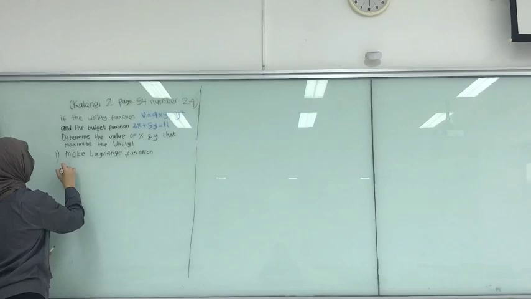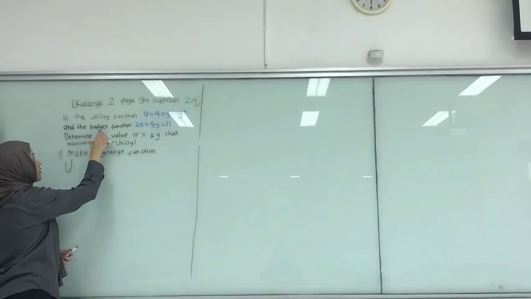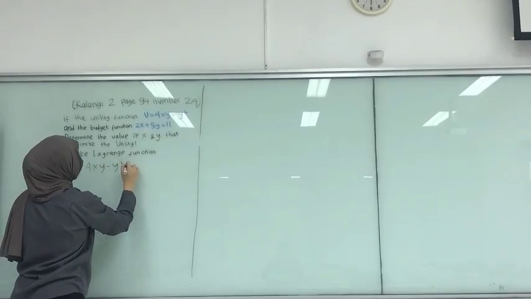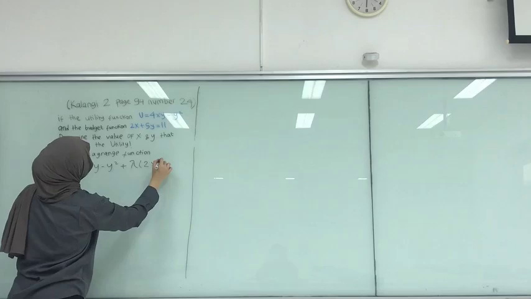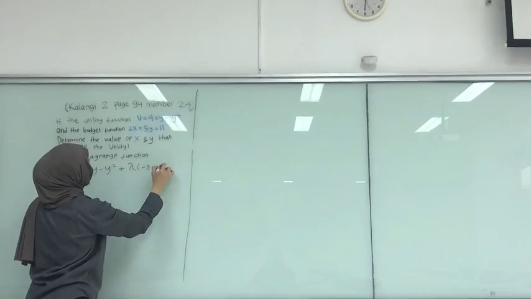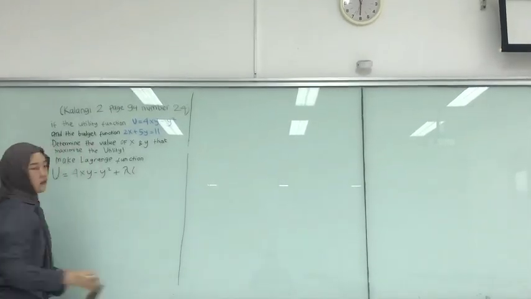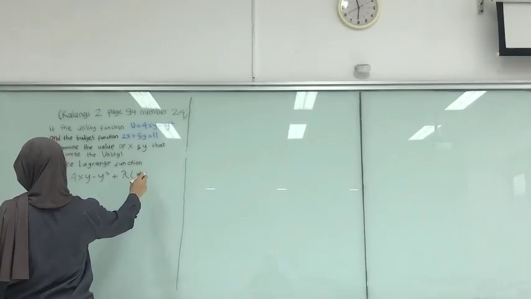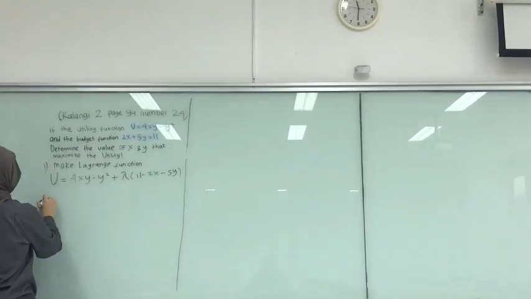Lagrange function is a combination between the main function, which is the utility function, and then the constraint function, which is here is the budget function.